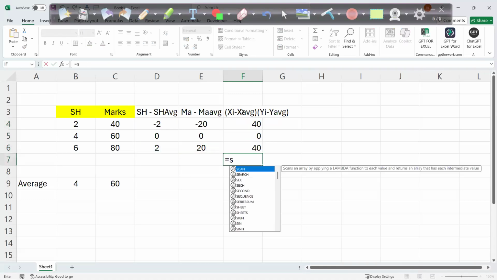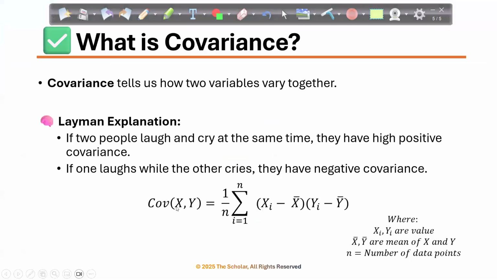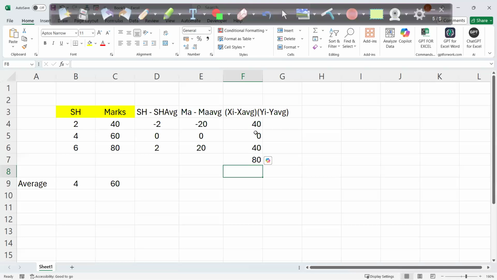And now I do the sum. Why are we doing the sum? If you see the formula, there is a summation sign, summation of i equal to 1 to n. For all the rows, whatever calculation you did, sum it up.